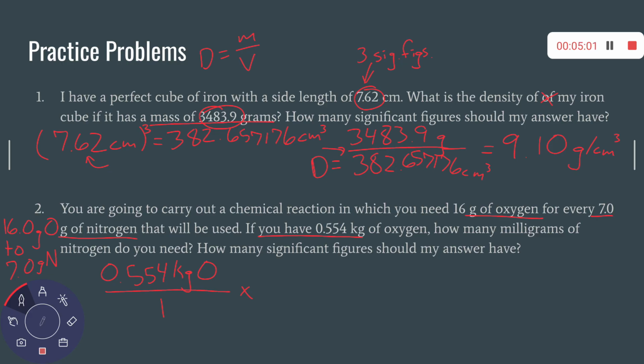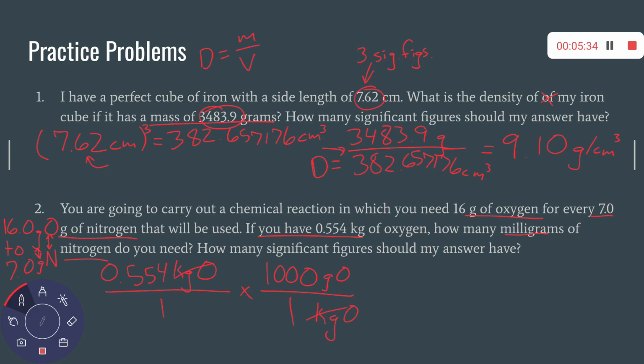So now my end goal is milligrams of nitrogen. And if I look, my bridge to get from oxygen to nitrogen is in units of grams, which means I'm going to convert my kilograms of oxygen into grams of oxygen. Now I know that for every 1 kilogram, I pick my bigger unit, give it the 1, I have 1,000 grams of oxygen.